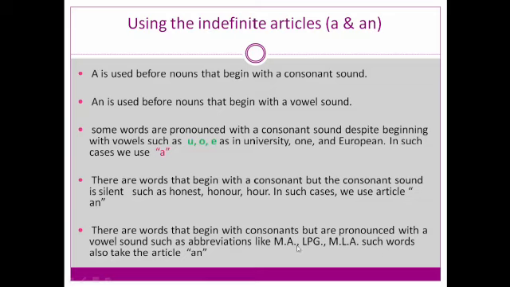These abbreviations start with a consonant, but the sound of the abbreviations is like a vowel, so we are using an. An MA, an LPG, an MLA. So these are very important in articles. You just keep this in your mind.